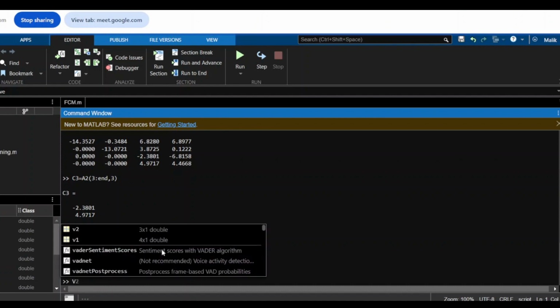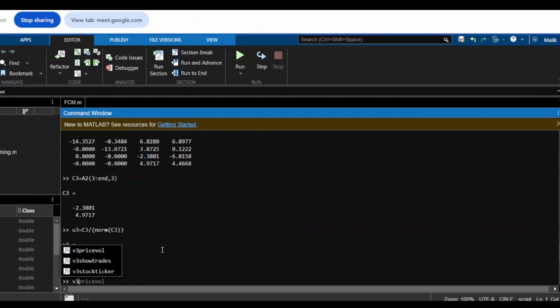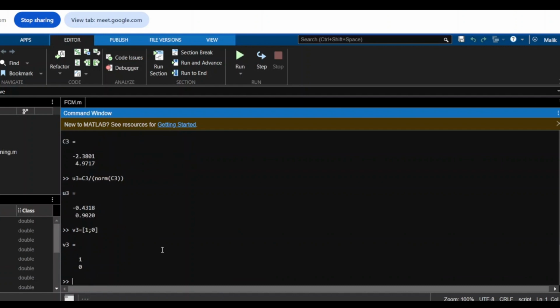Now my V3 will be what? V3 I have to define on my own. So it will be 1 and 0, right? Now what will be my W3?